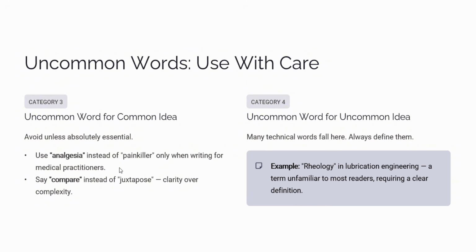If you are not writing for medical practitioners, you can simply use the word painkiller, which is a common word for a common idea. But because you are talking to medical practitioners, they understand the word anesthesia, which is an uncommon word, and it is for painkiller. So you can use it there. That is an uncommon word for a common idea.